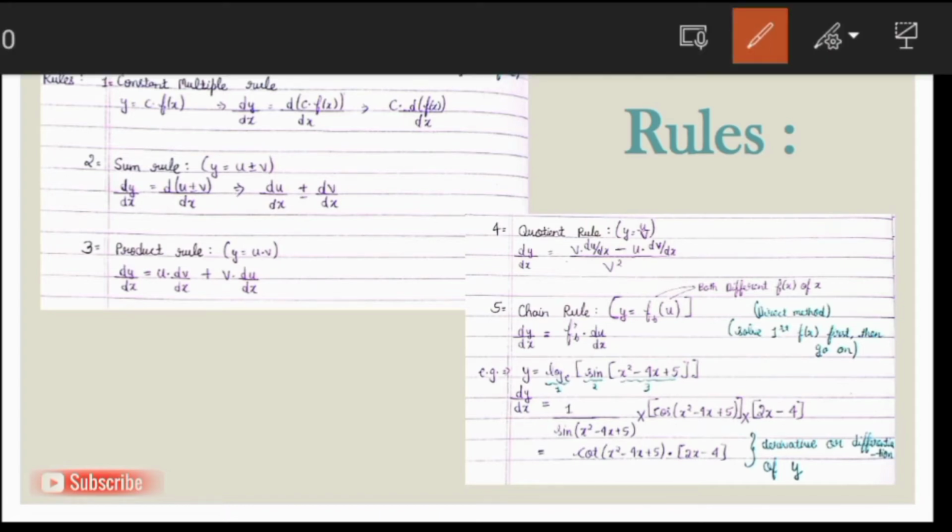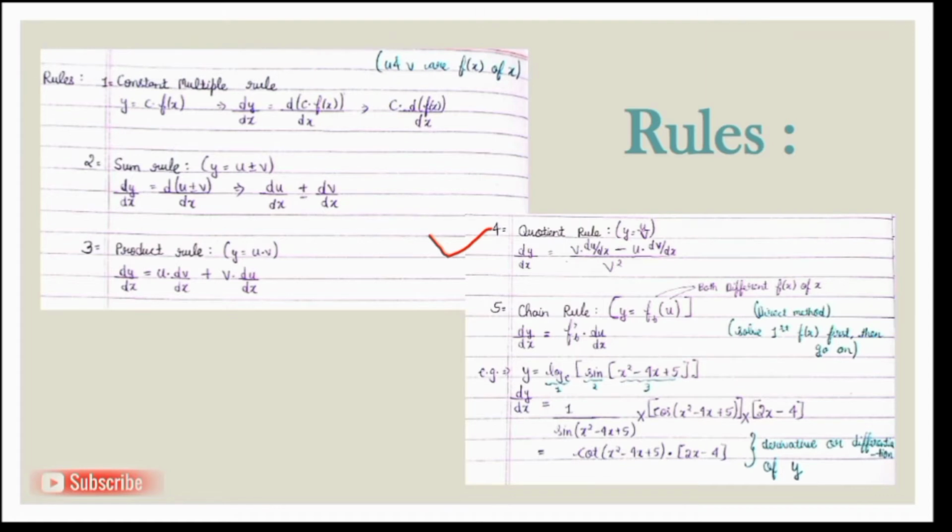In this, the differentiation of u upon v has v square in the denominator, the lower term first, and the upper term in the numerator, like v into the differentiation of u minus u into the differentiation of v. It's similar to the product rule, but here the difference is the minus sign.